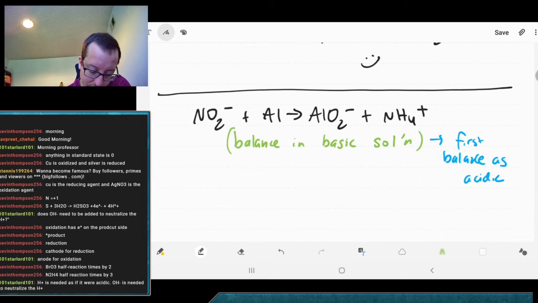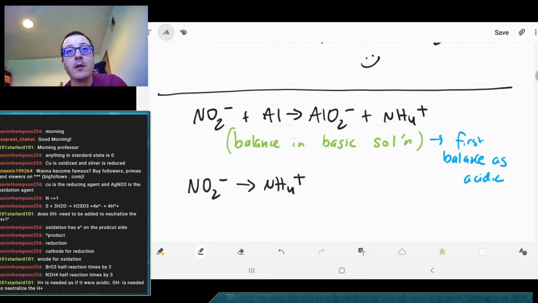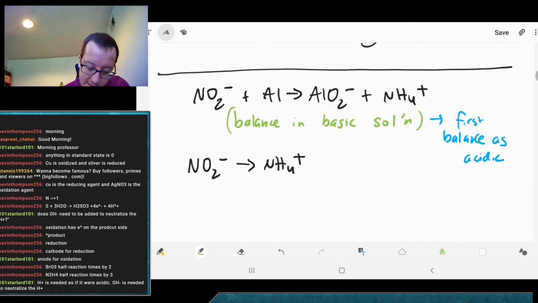All right, so half reaction, we have nitrite turning into ammonium. Yep, exactly. You just throw in OH minus at the end to cancel out the H pluses, and that's the only difference. Alrighty, so if we do this, we see the oxidation numbers here, again just for practice.